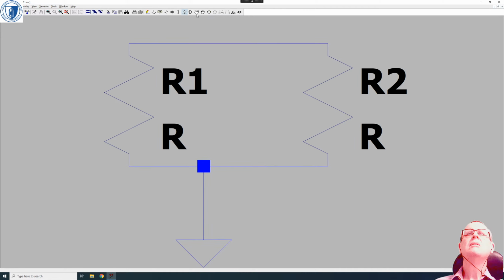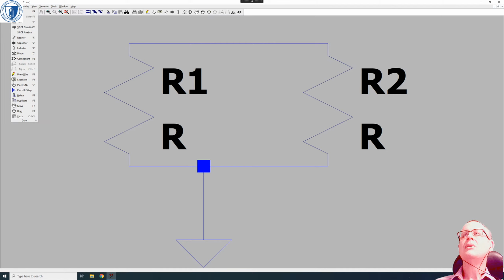No. Why am I not seeing the ability to put on a new voltage source?